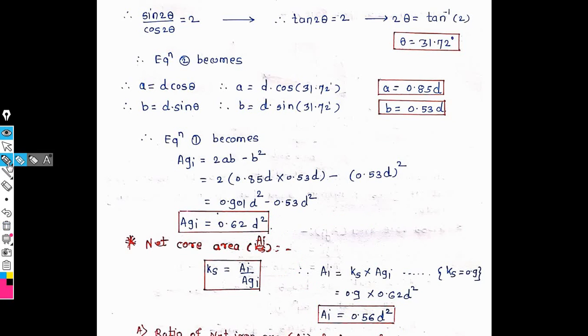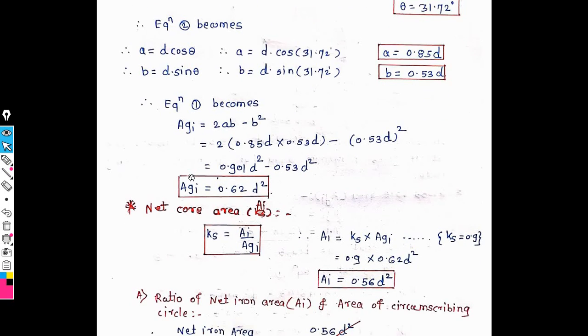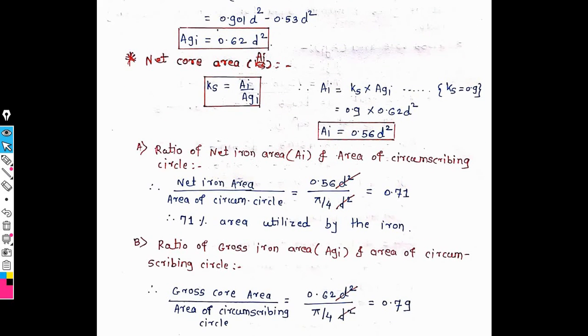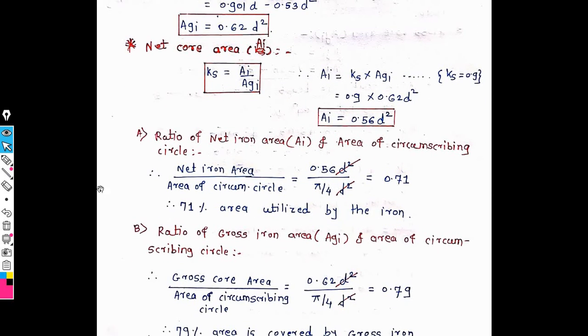Now we have to take the ratio of net iron core area and area of circumscribing circle. That means the net iron area AI is 0.56 d square.